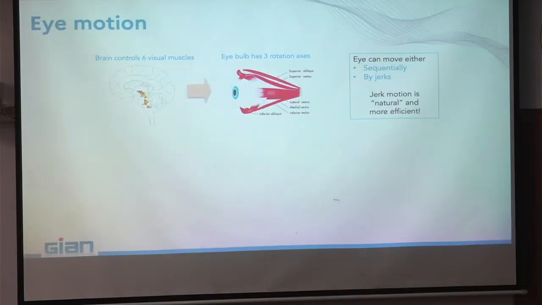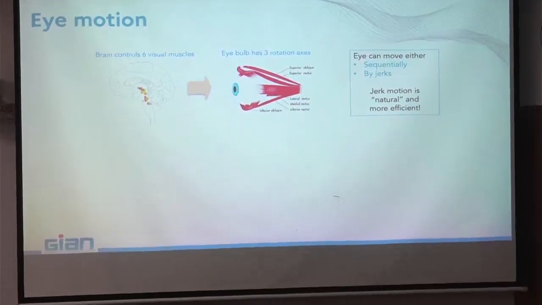The jerk motion is the natural one. When I am here and I look, my eye is moving, and your eye is the same, but you are looking at me, and when you are looking at me, you focus on me, and if I move, you pass from jerk to sequential.